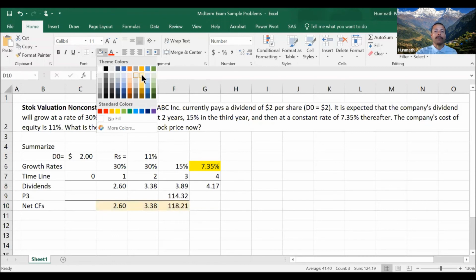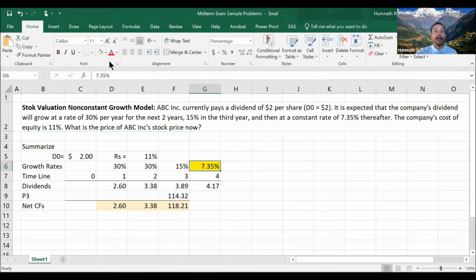Now we can just use the NPV function I taught you in earlier lessons on the time value of money. We can estimate the price of the stock using NPV. I'm going to write price 0 equals NPV.